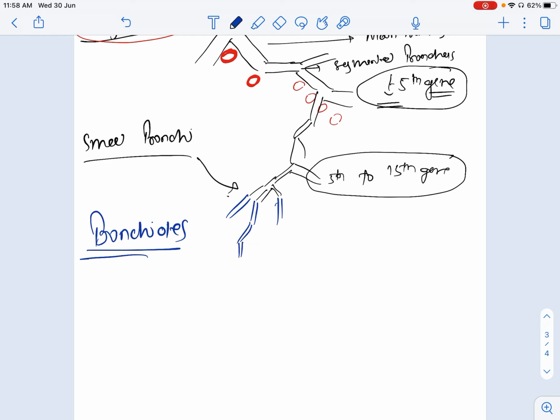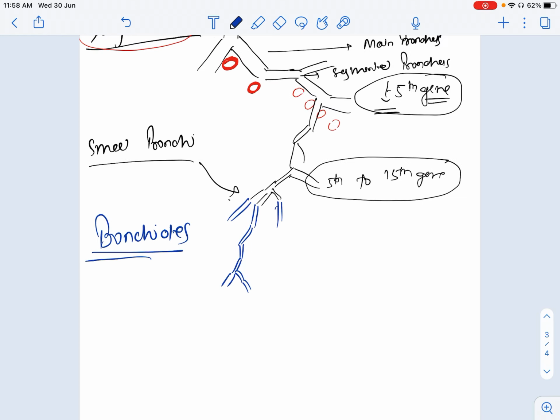So you see, the division of the airway in the anatomy of the lung is quite a lengthy procedure. In the bronchioles, another 10 divisions occur. That is, 15 divisions have already occurred before the start of the bronchiole. Another 10 divisions later, we get a distal or terminal bronchiole.